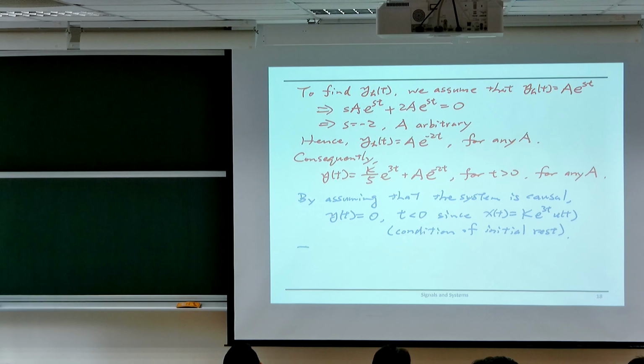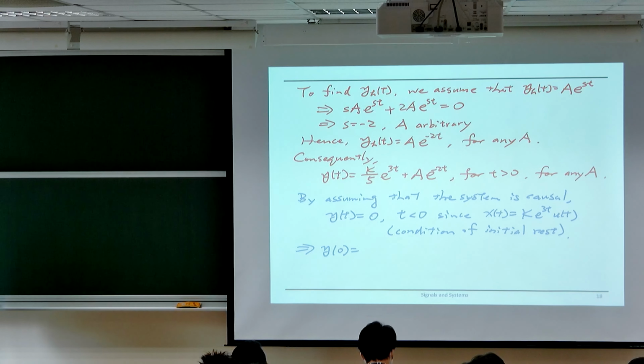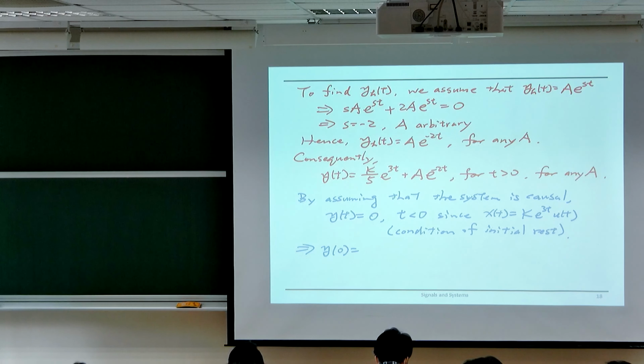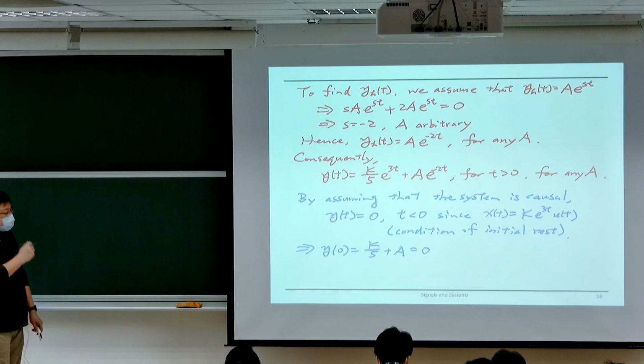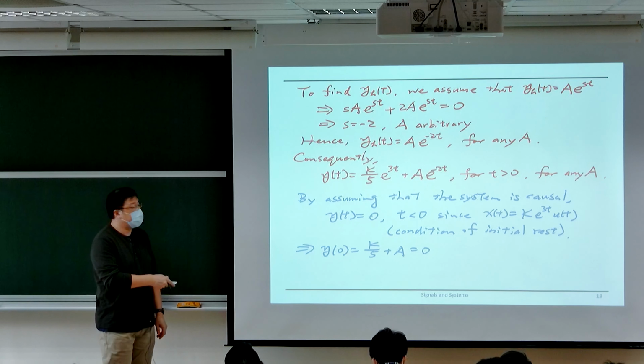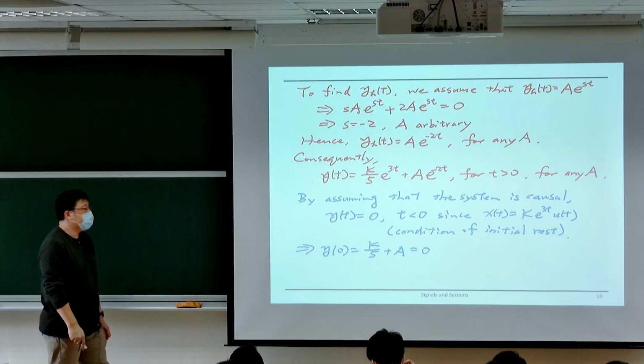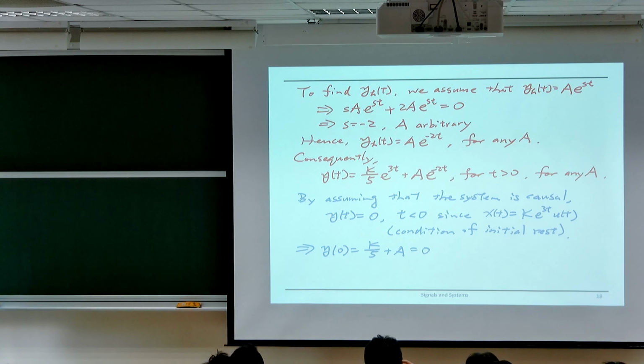So in this case, this means that y of 0, which is k over 5 plus a, should be equal to 0, because you cannot have any response before the signal arrives. And this implies that a should be equal to minus k over 5.